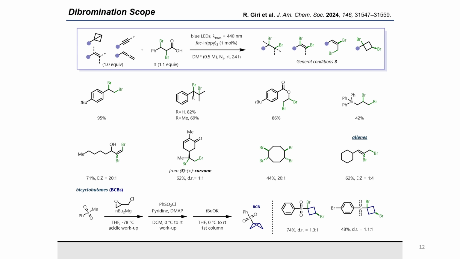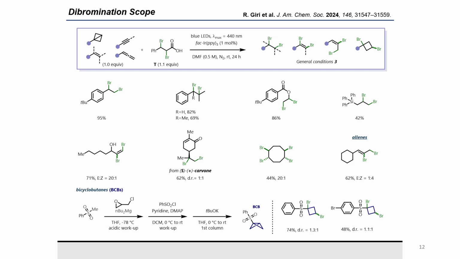Recent attention has shifted to bicyclobutanes because people are taking advantage of strain in these systems, and these bicyclobutanes are being prepared in multi-step synthesis, and there is one report where they prepare them in one pot.